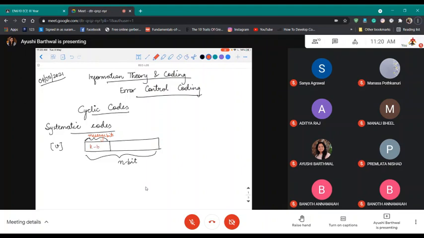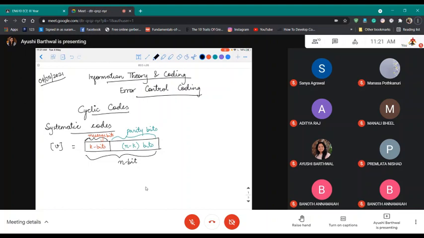So these k bits are your message bits, whereas the other bits will be your parity bits, and that will be equal to n minus k bits. So k bits are your message bits and n minus k bits your parity bits. So the total code word length becomes n bits.